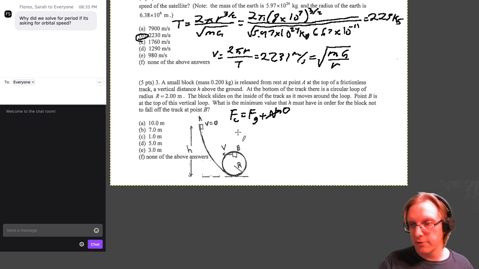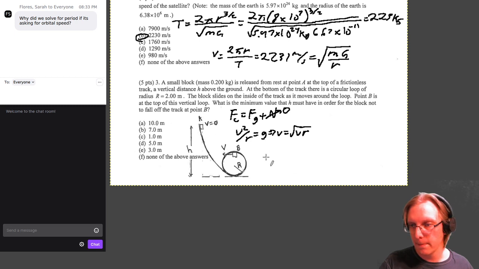So then we have that v square on r is equal to g. Now we can solve that and find that v is equal to the square root of vr at this point here. Now we can do our energy conservation.